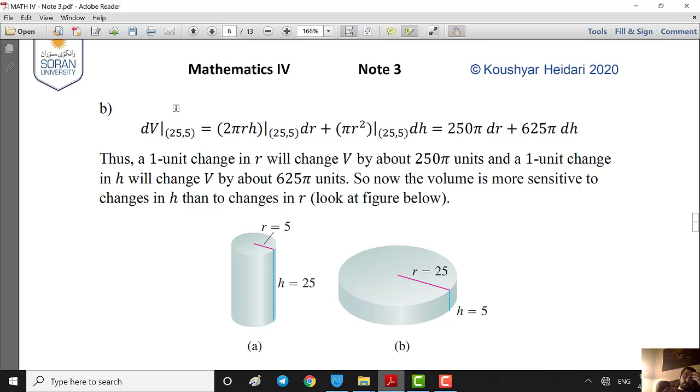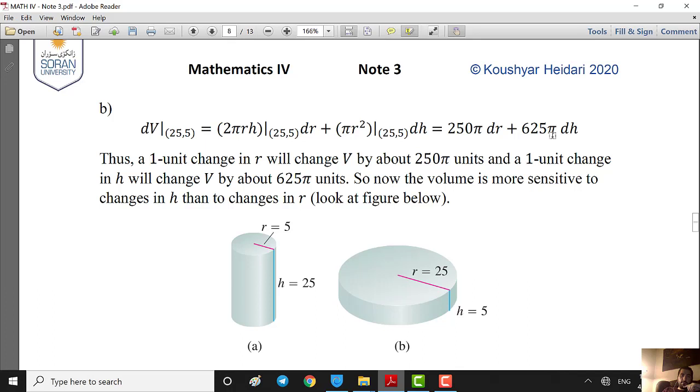Now, for part B, dV evaluated at R equal to 25 and H equal to 5 is going to be 2 pi RH evaluated at 25 and 5 times dr and pi R^2 evaluated at 25 and 5 times dH, which is going to be equal to 250 pi times dr plus 625 pi times dH.